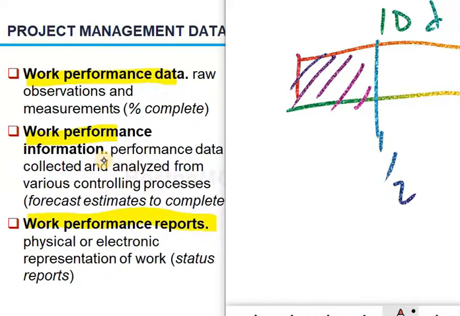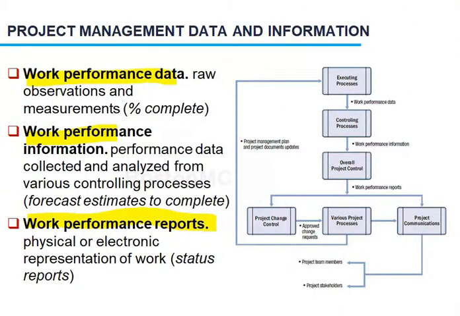And finally, a work performance report is where we take that and put it into some sort of a presentation and such, and we show it to management to represent that we are doing fine. So these three terms show up throughout the PMBOK, and I just wanted to explain it before we move forward, so that later on you don't get confused on them.